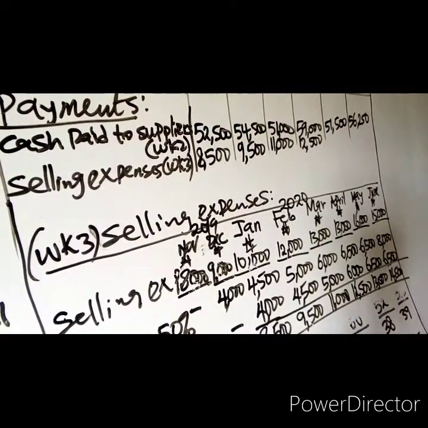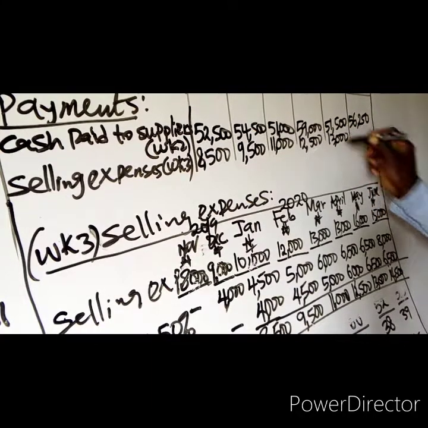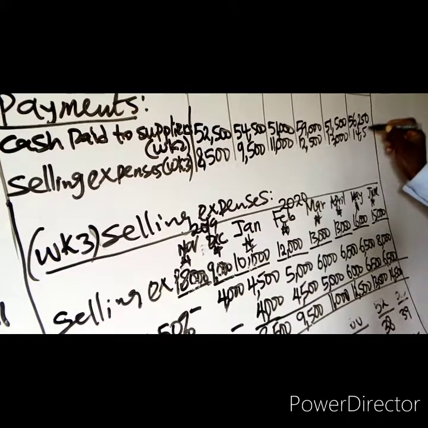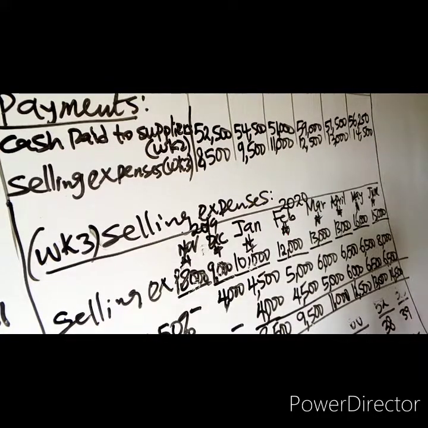For May, we have 13,000. June, we have 14,500. That is the amount of selling expenses that will be included in our cash budget. That is the amount paid for each of the periods.